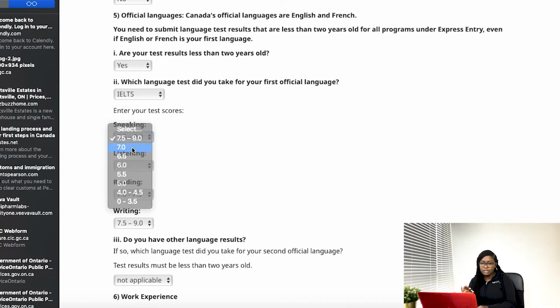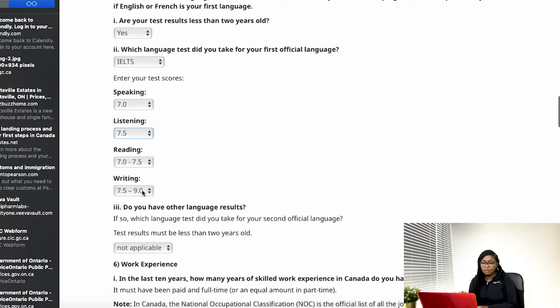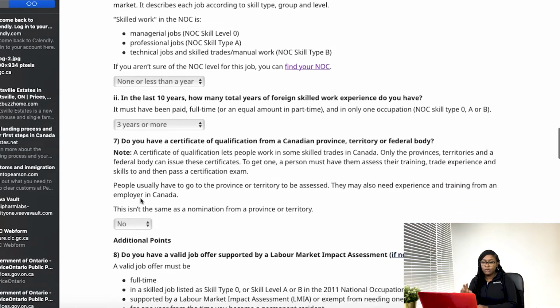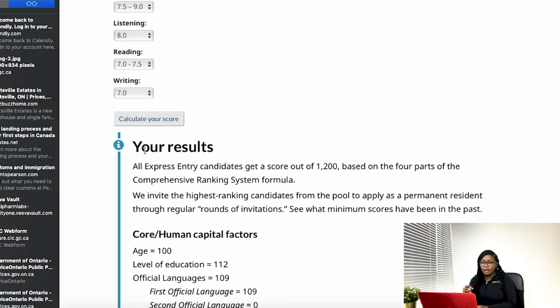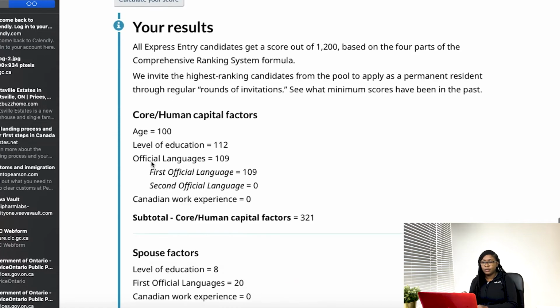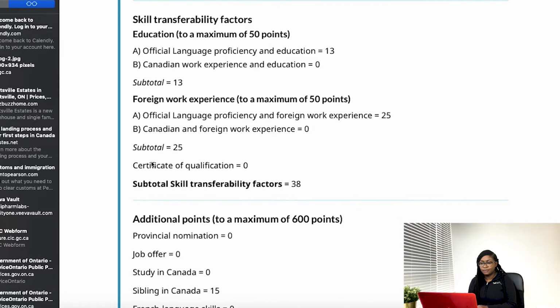So the speaking, I'm gonna say 7. I'm gonna say listening, I'm gonna do that as well. I'm gonna keep the reading where it's at, and I'm gonna do the writing at 7. So now it's a little bit lower, not significantly lower. And we're gonna see how the scores change.